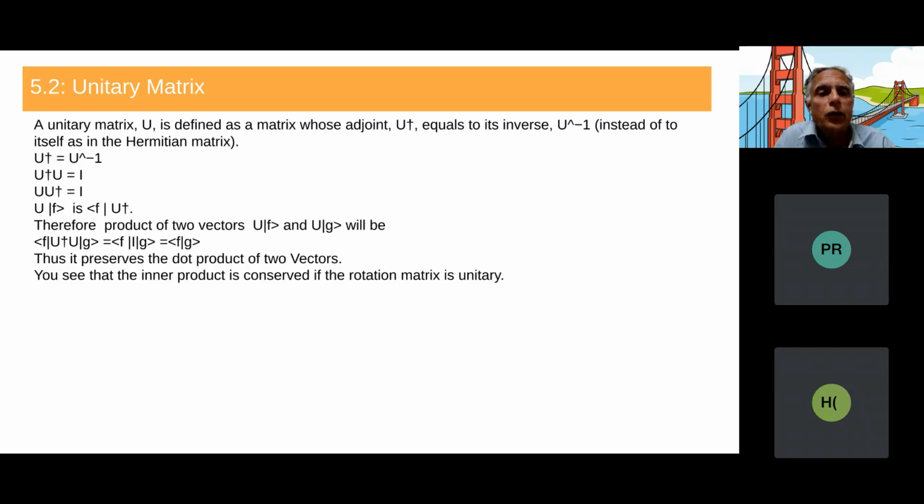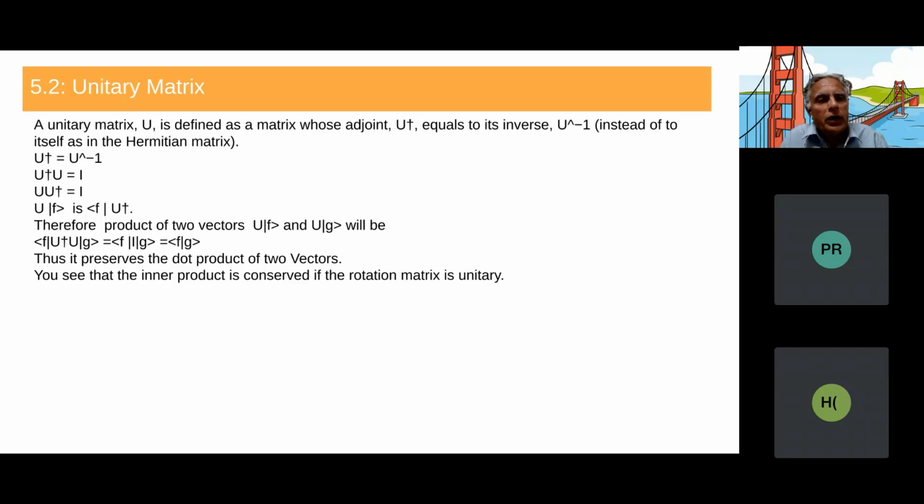A unitary matrix is defined as a matrix whose adjoint, U dagger, equals its inverse.